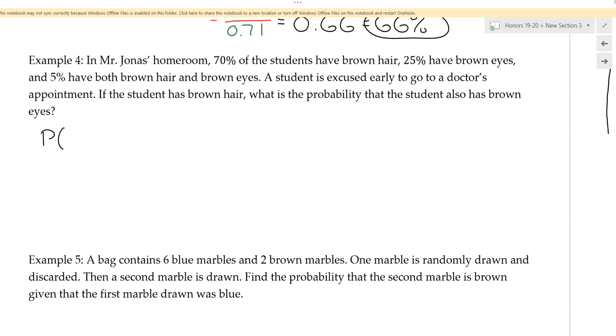If the student has brown hair, what is the probability that the student also has brown eyes? Another way I can say this is, what is the probability that the student has brown eyes given they have brown hair, right? So this "if" is the same as what's after that "given", okay? So here we're doing brown eyes given brown hair.